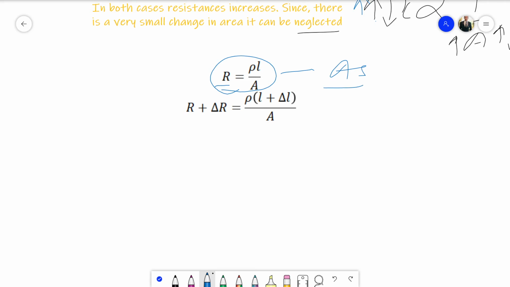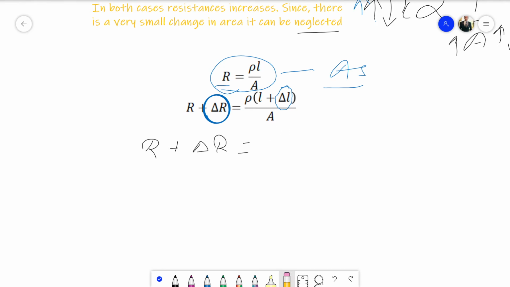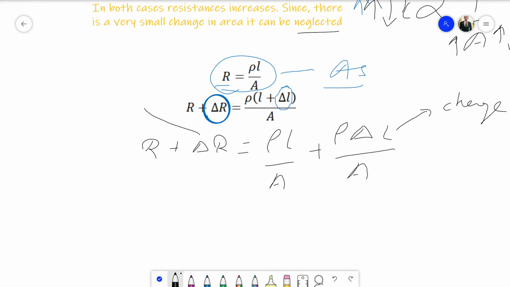This is the change in resistance, and this is the change in length, upon A. So R plus delta R equals rho times L plus delta L by A, where delta L is the change in length and delta R is the change in resistance.